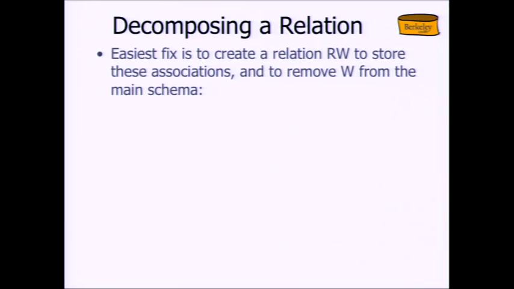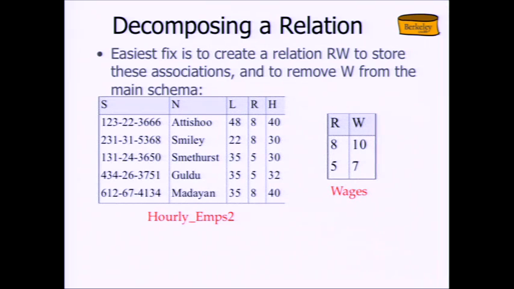Okay. So how do we decompose the relation? The easiest fix is just to create this relation RW and remove W, the dependent attribute, from the main schema. So like we did before, we'll just put the rating-wage lookup table off to the side. Now, recursively, we have to ask the question, is each of these relations in BCNF? Well, on the left-hand side, the only functional dependency left from F that still applies is S determines NLRH, right?